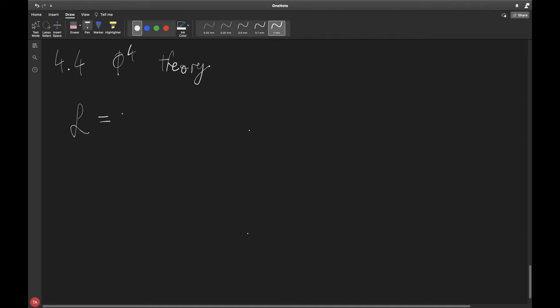So Lagrangian is 1/2 the derivative of the phi squared minus the 1/2 m squared phi to the second. This is nothing new. And what we say is that now we have a term which goes with phi to the power of 4.